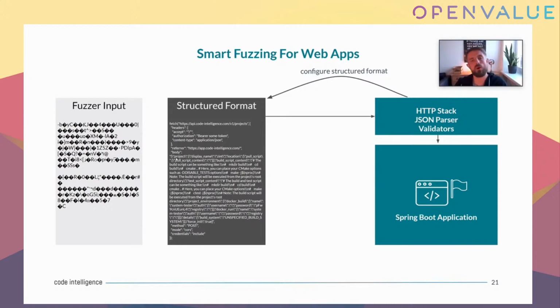But the good thing about the coverage-based approach with the instrumentation is, imagine you have a JSON parser, and the JSON parser is searching for some kind of fields like body. We will see that it searches for those kinds of keys.